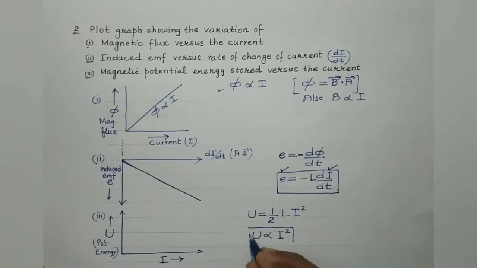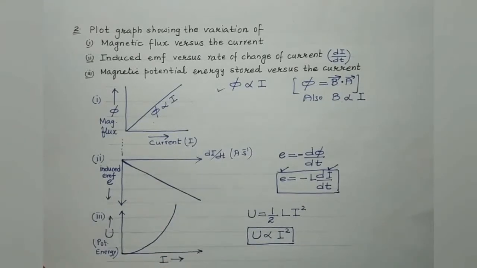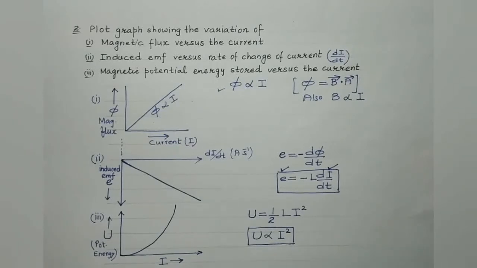So using this mathematical relationship, we can easily plot a graph showing the variation between the potential energy and the current. So Y is proportional to I square. It's the standard equation of a parabola. So it will be like this. Clear, student? So this is the graph which shows the variation between magnetic potential energy and the current.